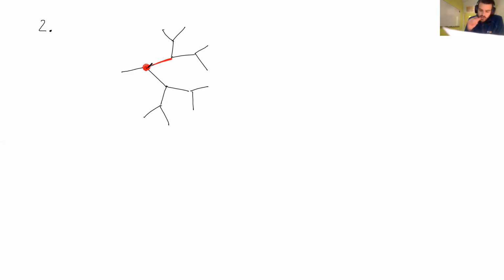Okay. So the question is, Q, what is Q? Which is the probability that this given monomer is not connected to the gel through this bond. So we can draw that as, if you want, it's just a drawing. I'm saying that I'm interested in the probability that this monomer is not connected to the gel through this particular bond. So does anyone have an idea on how to express a recursive relation on Q?